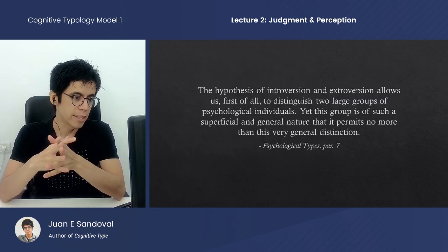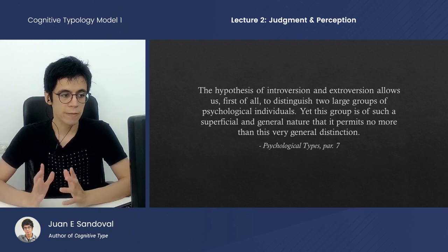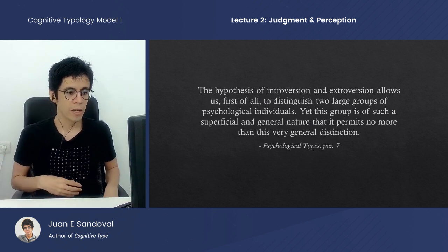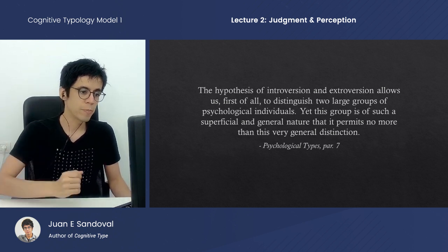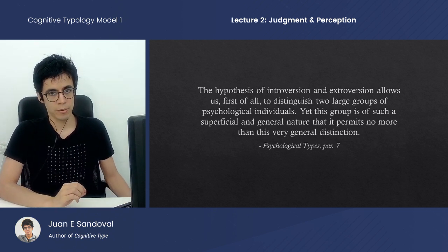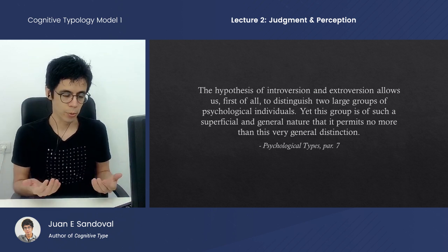He says here that the hypothesis of introversion and extroversion allows us, first of all, to distinguish two large groups of psychological individuals. Yet this group is of such superficial and general nature that it permits no more than this very general distinction. And I think we can all agree that there's more to human beings than these two groups.